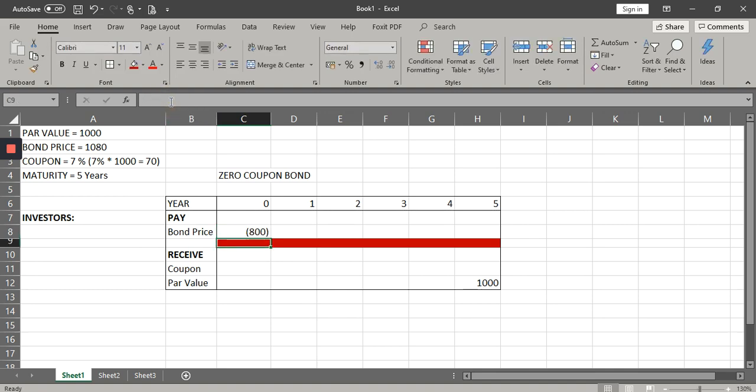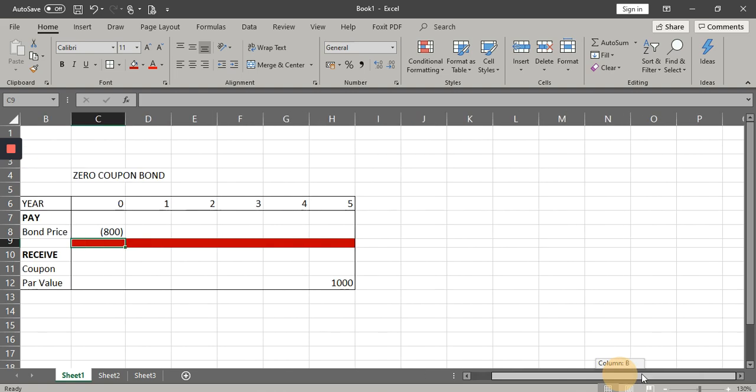lesser. Let's say you pay at a discounted price. You're purchasing the bond at a discounted price, and at the end of the maturity, you're earning 1,000. The difference is your earnings, your income.